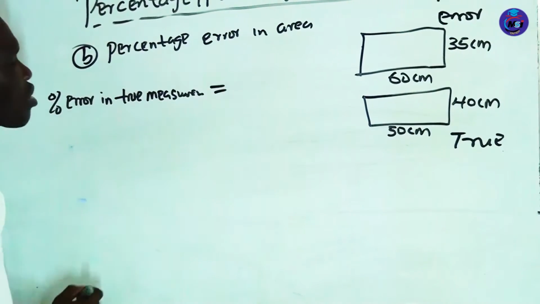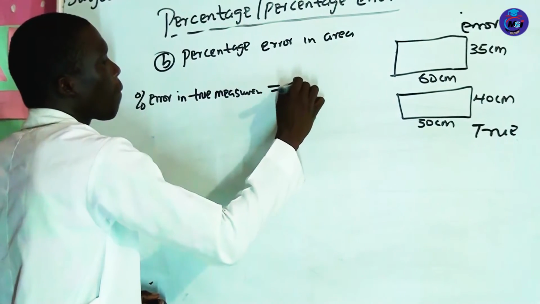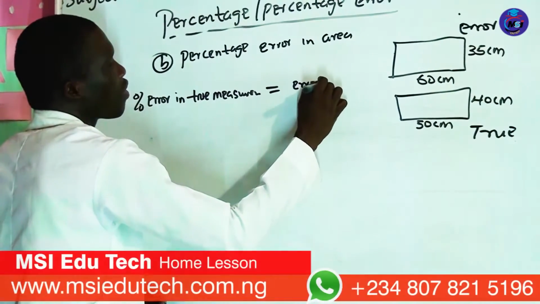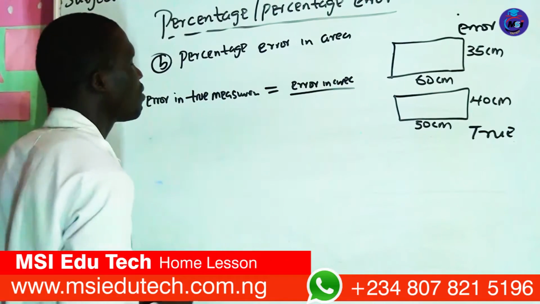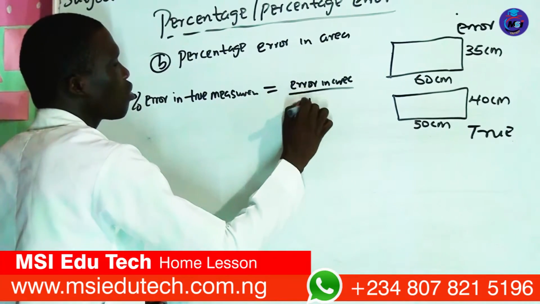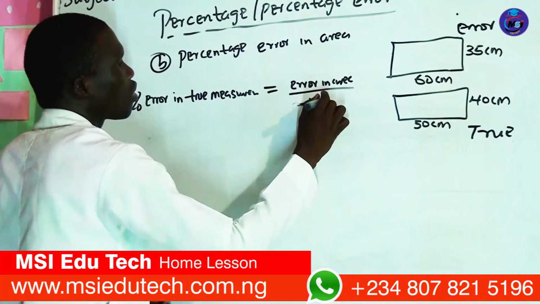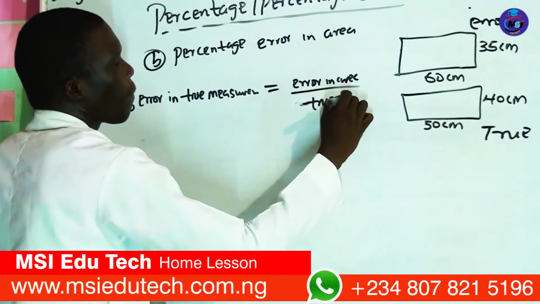It's going to give us error in area divided by true area.